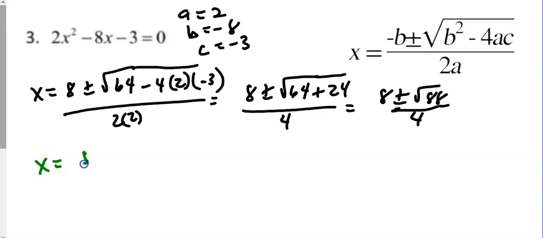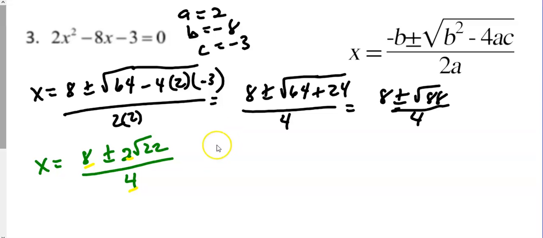So x is equal to 8 plus or minus 4, or 2 square root of 22. It's a lot of 2's over 4. So again, recognize 4, 2, and 8.